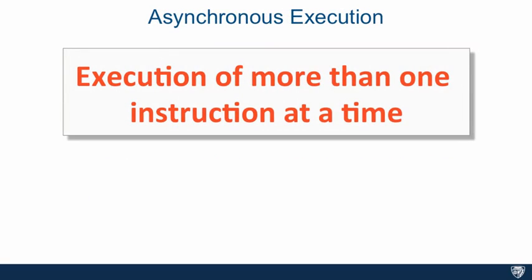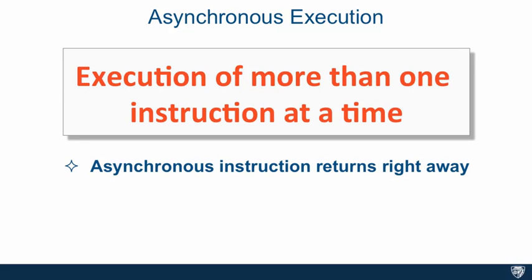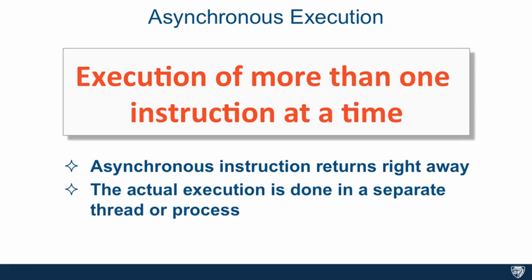On the other hand, asynchronous execution is execution of more than one programming instruction at a time. An asynchronous instruction returns right away. It sends off its instruction and it's ready to execute the next one right away. And the actual execution of that asynchronous instruction is really done in a separate thread or process.